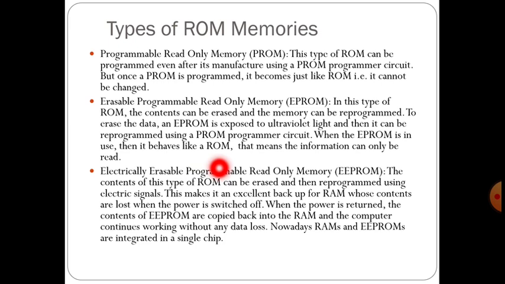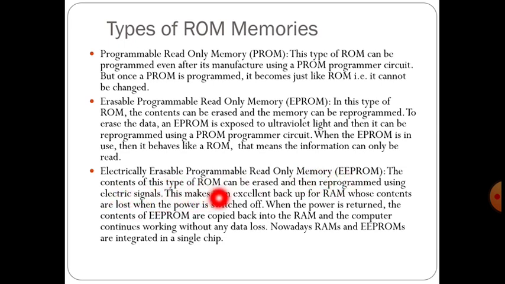Because all these are types of ROM, so they will behave like ROM only. That means the information can only be read. And the last type is EEPROM, that is electrically erasable programmable read only memory.